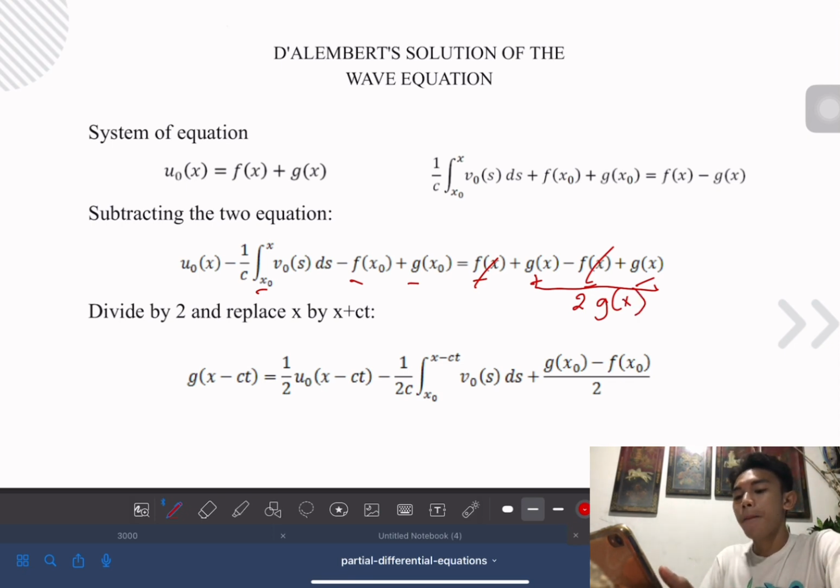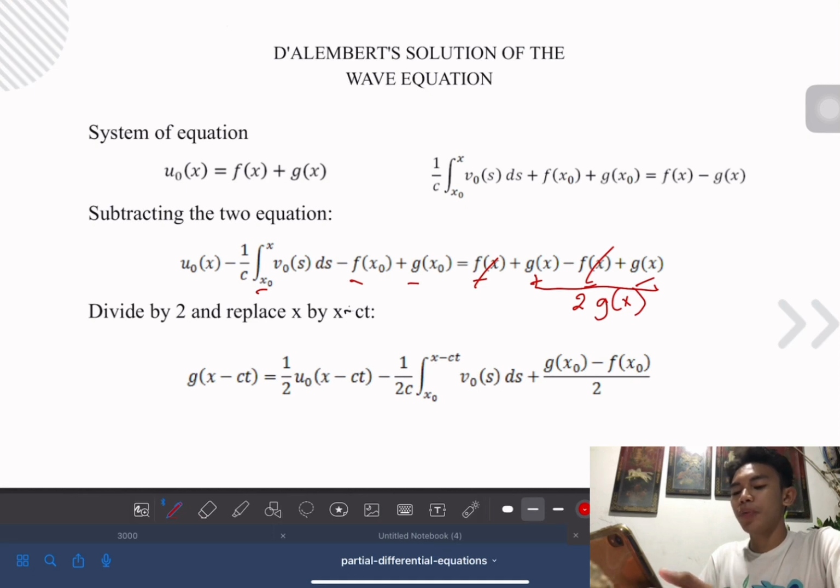To simplify the equation, we divide it by 2 and replace x by x minus ct, sorry.